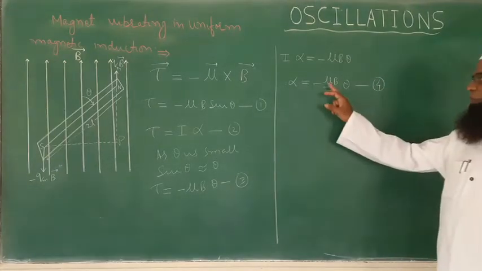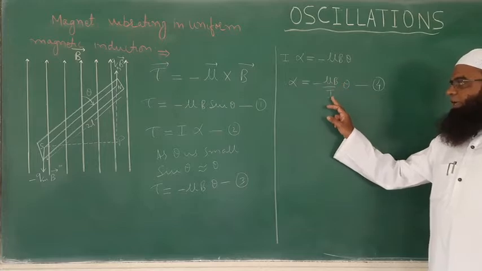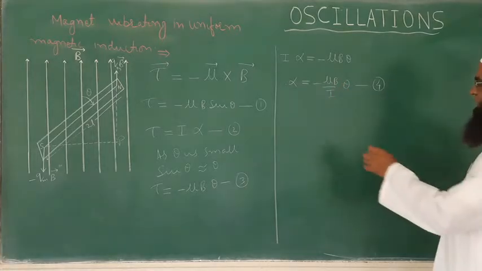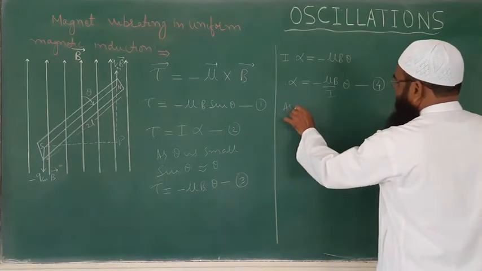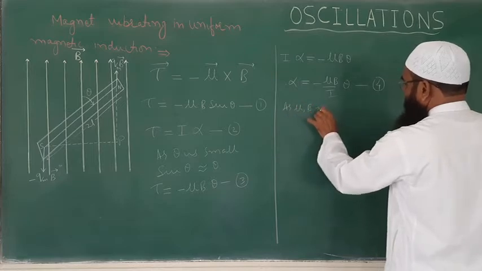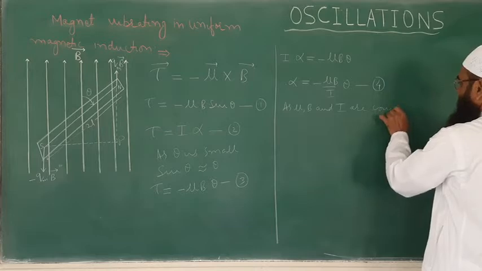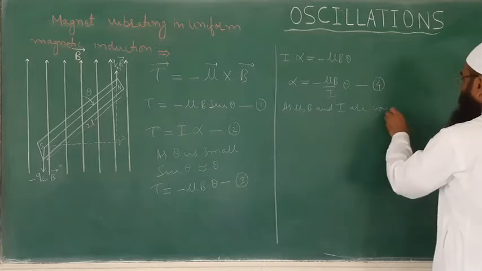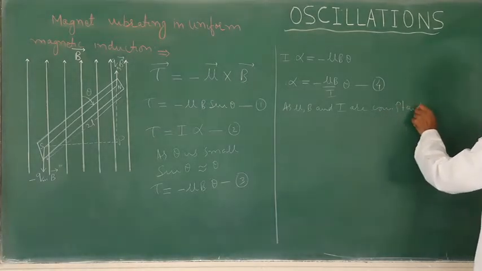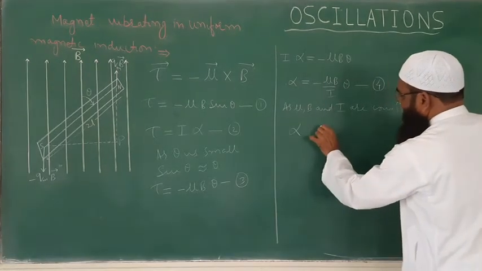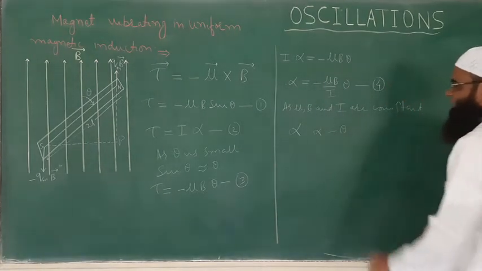Here mu, B and I are constant. Therefore we can say alpha is directly proportional to minus theta.